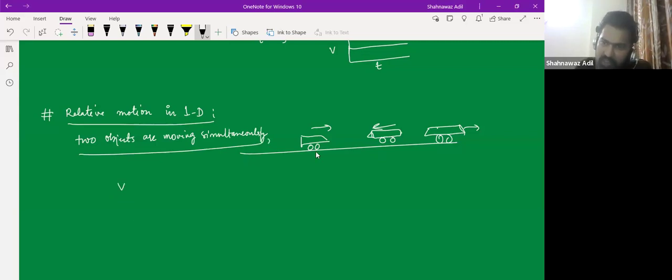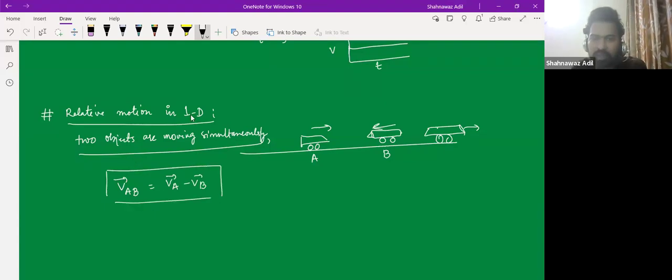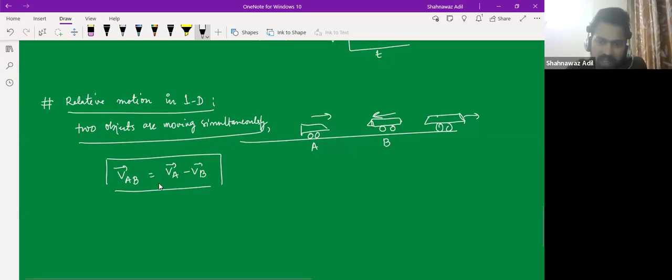So then let's say this is car A, this is car B, and relative motion of A with respect to B is simply VA minus VB. So always remember this. And this happens for two dimensions as well. So this definition is the same for two-dimensional motion, but we are talking about whenever two objects are moving, then you have to apply this relative motion, right?